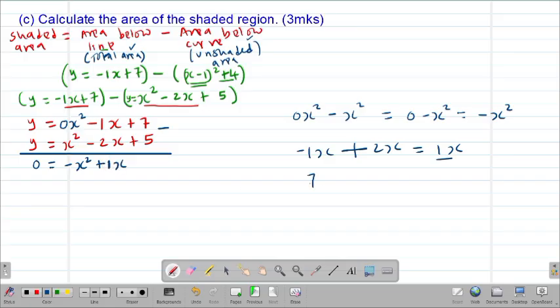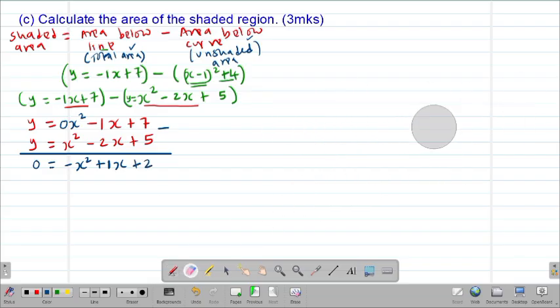Then we are having 7 minus 5, which gives us a positive 2. So when we subtract the two equations, we get negative x squared plus x plus 2.